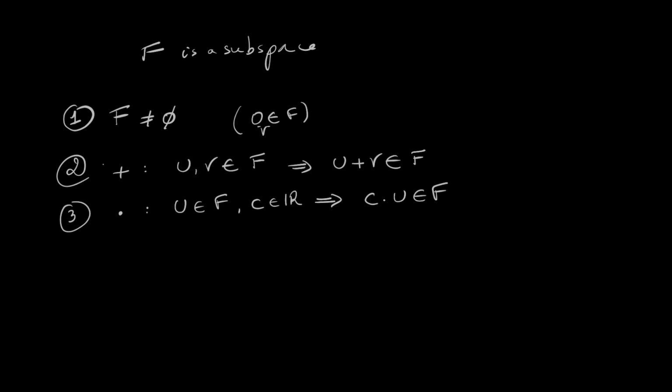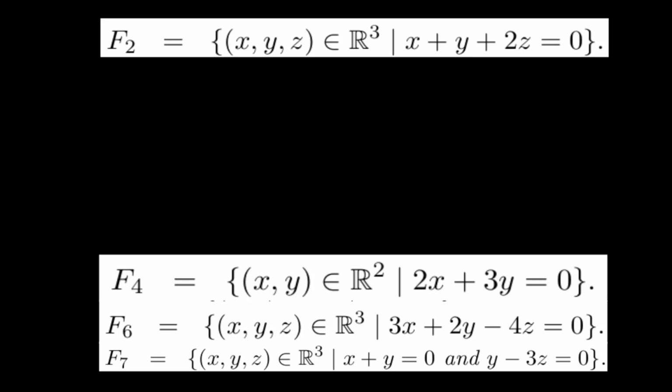So let's start by applying this to our first set, F2. Let's check the properties step by step. For the non-emptiness, we can see that 0 plus 0 plus 2 times 0 equals 0.